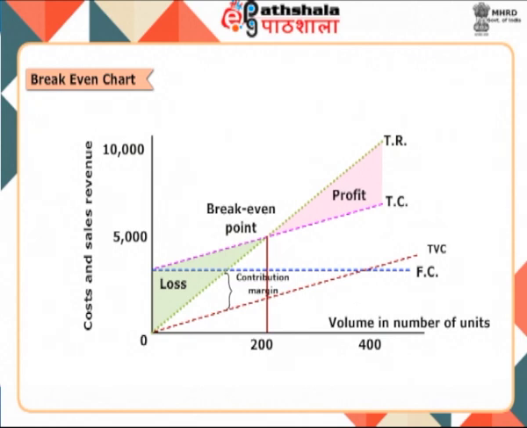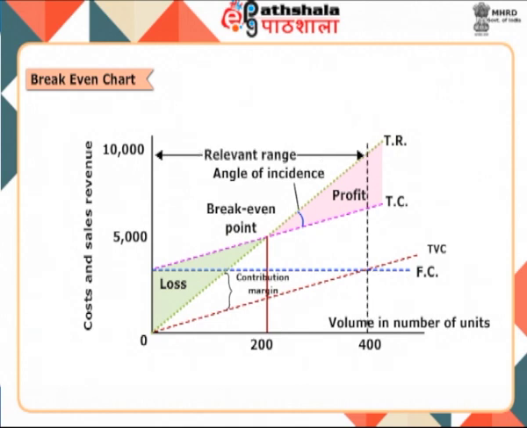At the break-even point, total revenue is equal to total cost, that is, there are no profits and no loss. The angle made by the total cost line and the total sales line is called the angle of incidence. A large angle of incidence shows a higher profit rate.